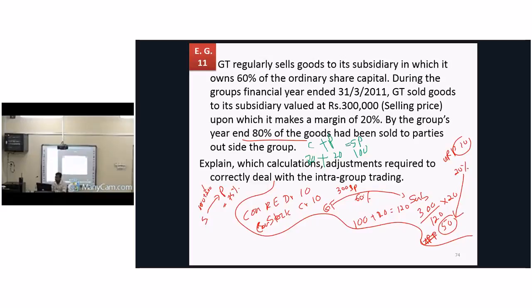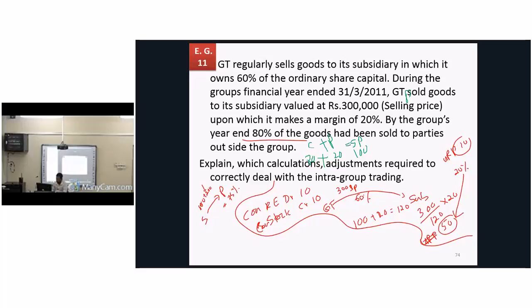GT sold, and GT means the parent. Then 300,000 should be divided by how much? Selling price. Margin of 20 means on selling price every time. Remember, margin means on selling price, markup means on cost. Then it will be 100.